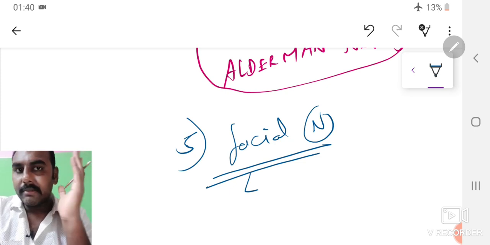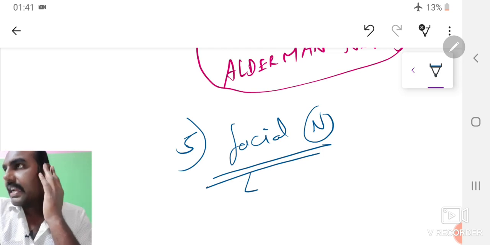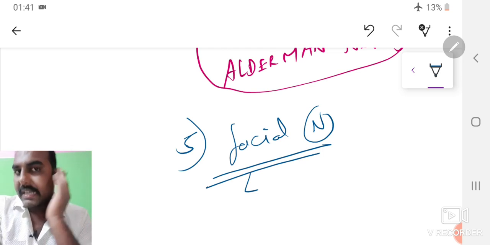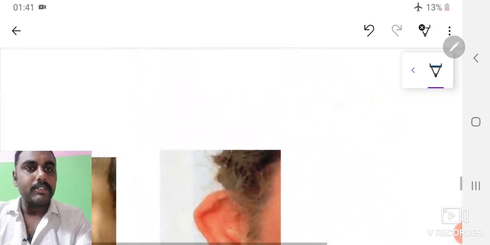So in a pinna, just remember this is lateral, this is medial. The auriculotemporal nerve usually supplies this part of the lateral aspect of the pinna, and the rest are supplied by the greater auricular and the lesser occipital. Same in the posterior. I will show the picture also.